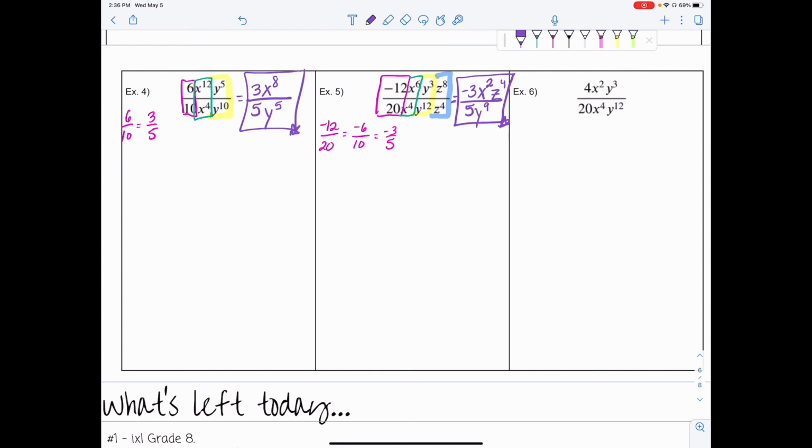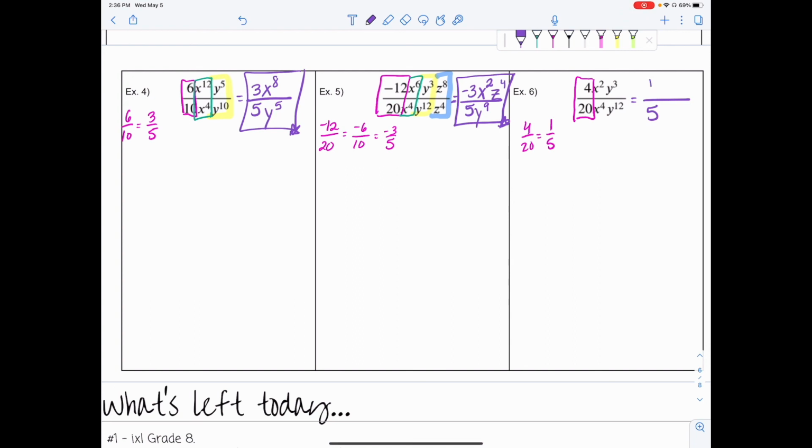Pause the video here and try example 6 for yourself, and then you can restart the video to check your answer. All right, so for example 6, we're going to start with 4 over 20, and if we simplify 4 over 20, we get 1/5. So in our fraction, we know we're going to have a 5 in the denominator. When we're simplifying, if nothing else ends up in the numerator, we definitely need to put the 1.